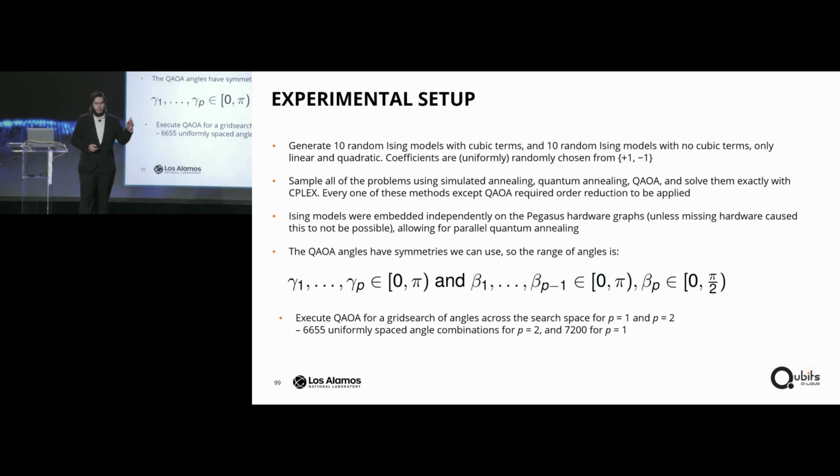The QAOA angles have some specific symmetries. The reason these parameters are called angles is because they parameterize these unitary simulations, and they are usually in multiples of pi halves or so. But there are some symmetries that we can take advantage of to reduce the search space. The way that we did angle finding for QAOA was we executed a massive on-hardware grid search for both p equals 1 and p equals 2.